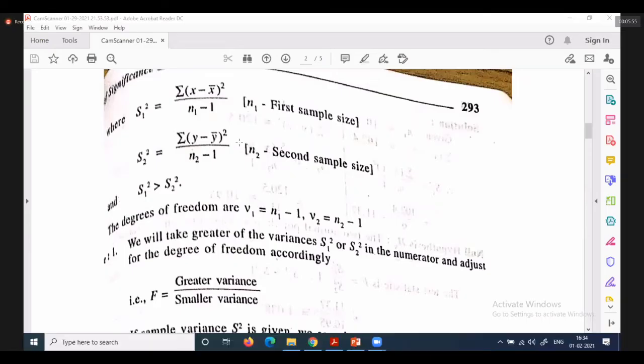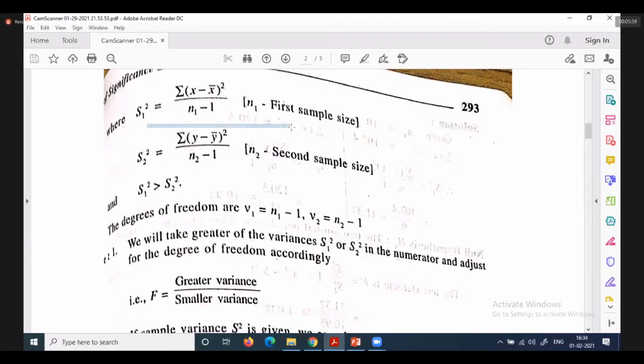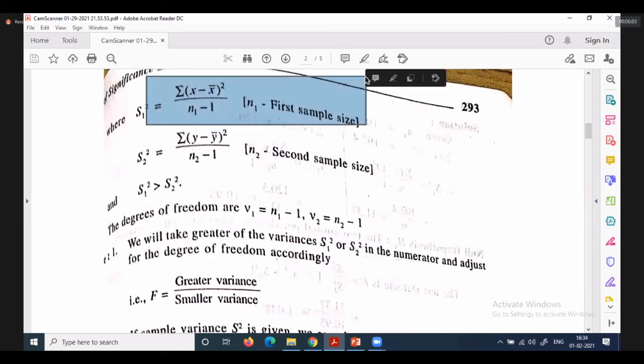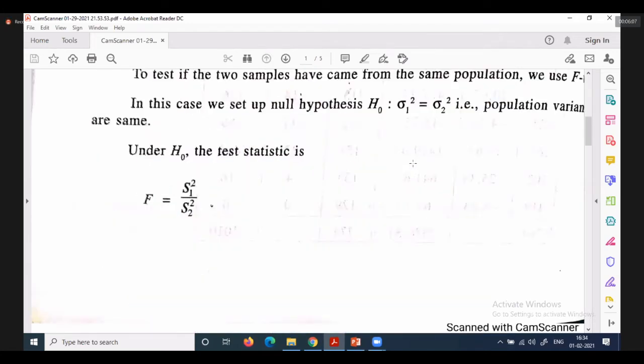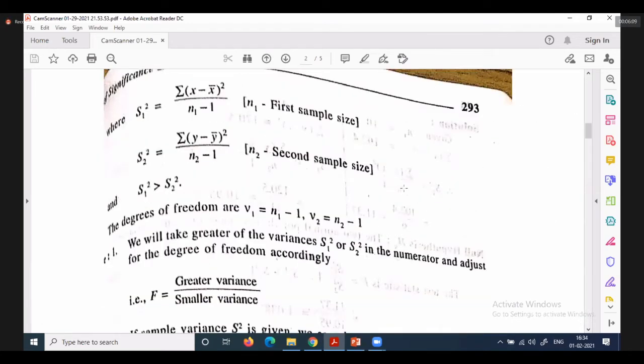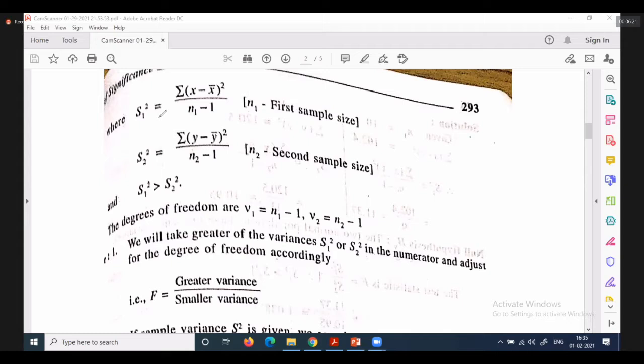I'll explain that point. All of you see here. For small samples, I think all of you know how to find the variance. For small samples, the variance formula is this one.